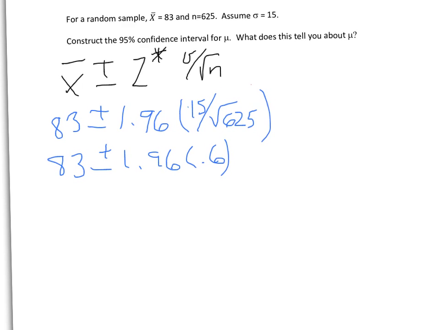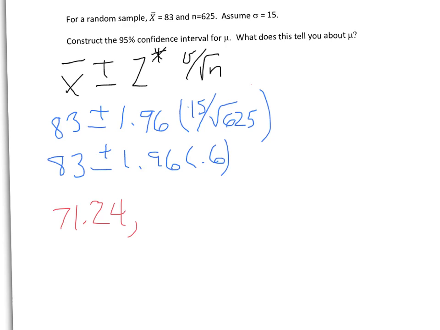So you'll have 83 minus 1.96 times 6 gives me 71.24. And if I added them, this should be 0.6, shouldn't it? So let's do that again. 83 minus 1.96 times 0.6. That's 81.82.